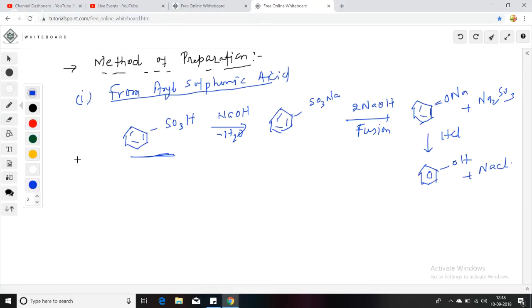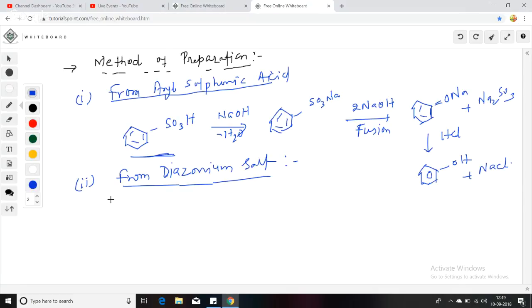Second method we can use is from diazonium salt. In this, benzene diazonium chloride or bisulfate on heating with H2O gives phenol.